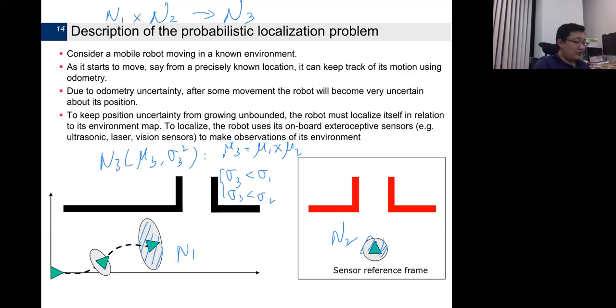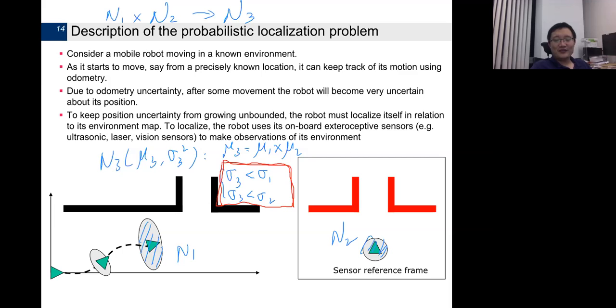I want you to remember this. There is an easy proof, and I can list a PDF file to show the complete proof. Why is this smaller? Because there is a proof. Sigma3 is smaller than sigma1 and smaller than sigma2.